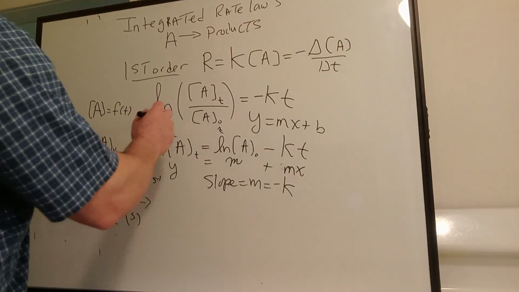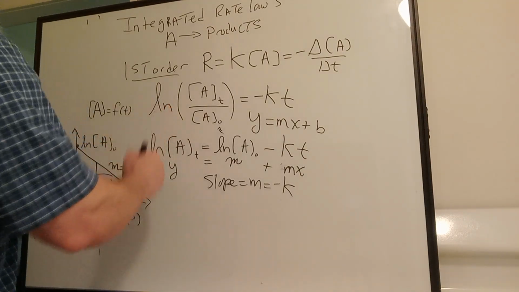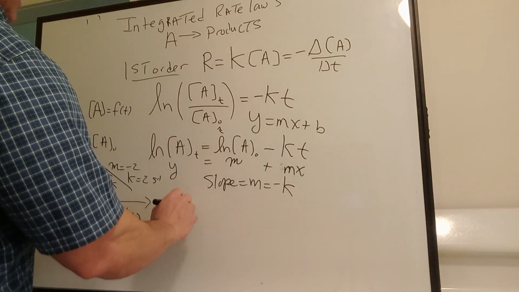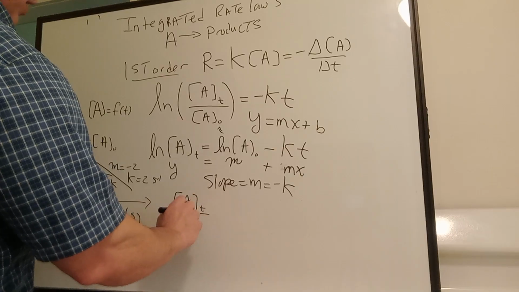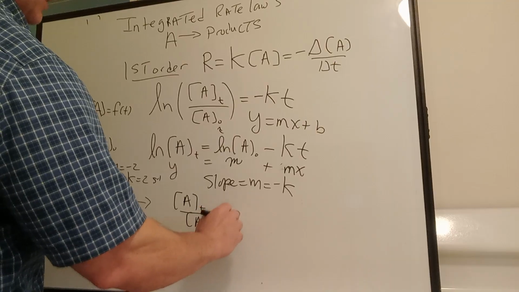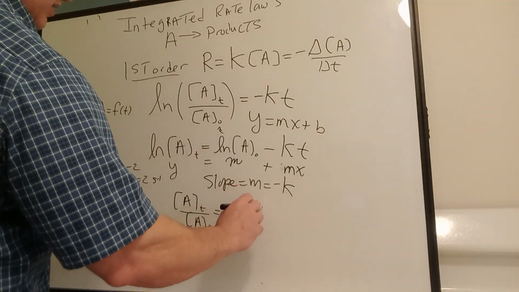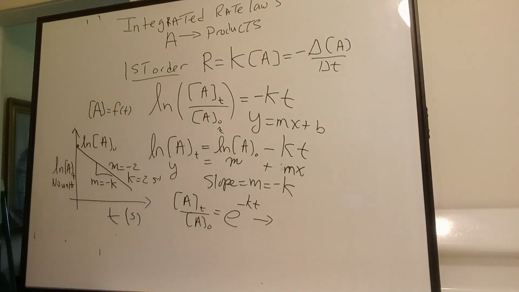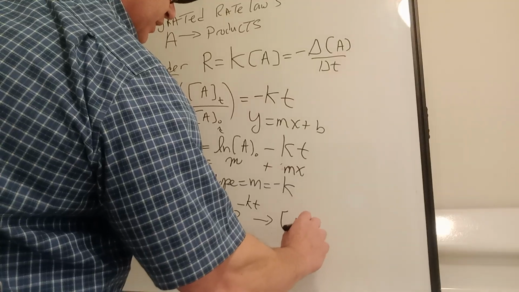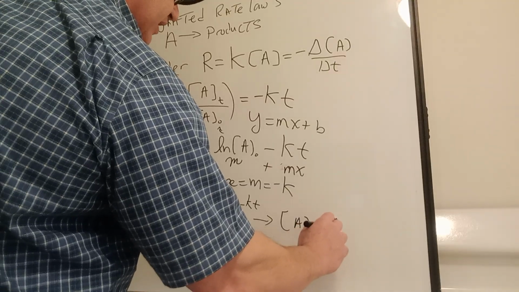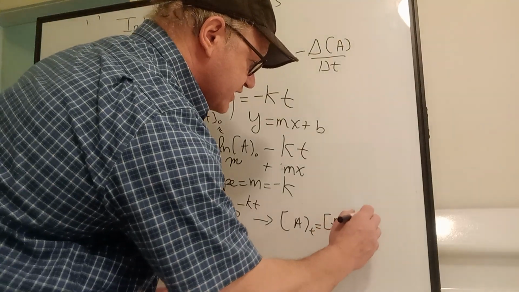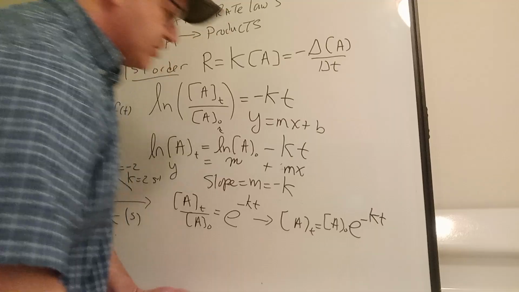This is log base e, so by taking the exponential of both sides, you get A_t over A naught equal to e, the exponential function, to the minus kt, which you can rewrite as A at time t is equal to A naught e to the minus kt. This is convenient as well.